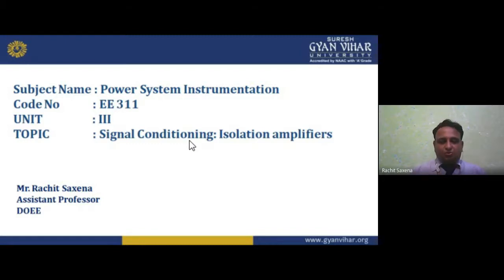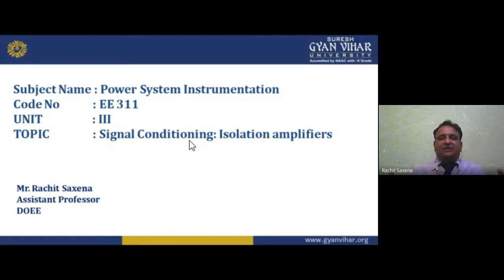So that is the transducer. We have so many types: primary, secondary, active, passive, as per the transduction. So we have capacitive, inductive, photovoltaic, photoconductive.